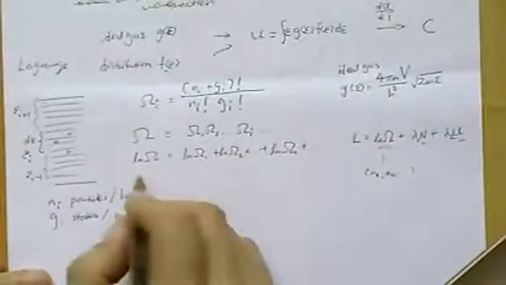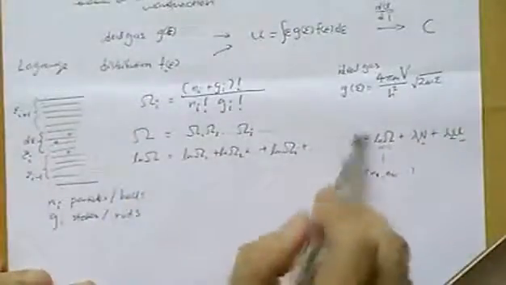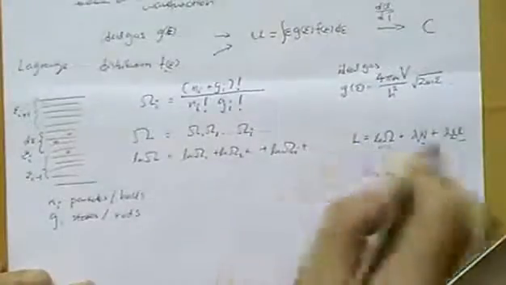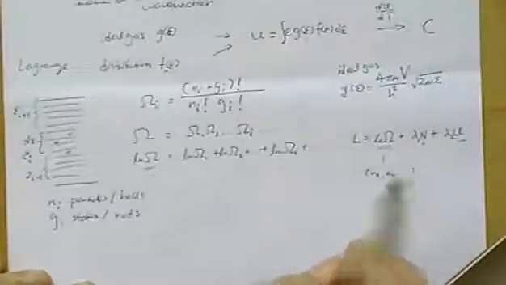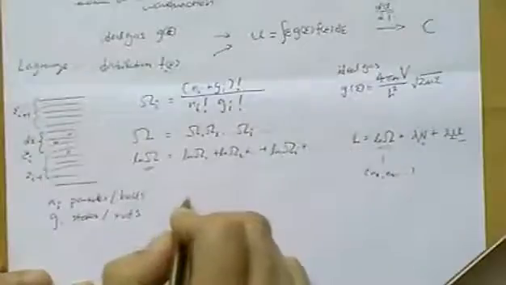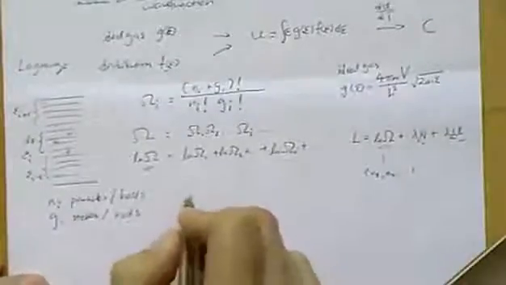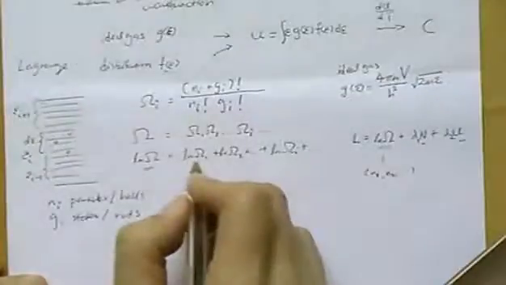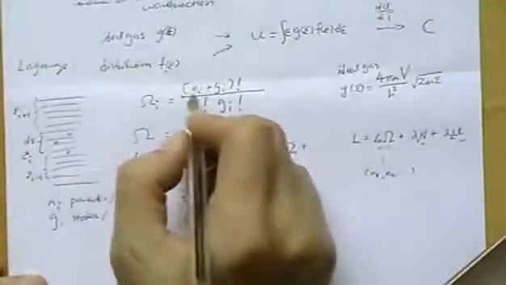Alright, now since we want to maximize L, the Lagrange function, that means we eventually have to differentiate this. And if we differentiate this, we would be differentiating with respect to each of the n1, n2, and so on, the number of particles in each of these levels. So if I'm differentiating by, say, ni, for a particular ni, I'll find that omega i depends only on ni.